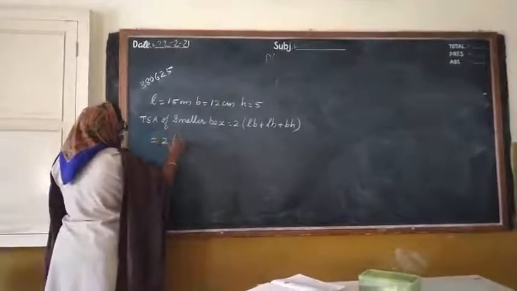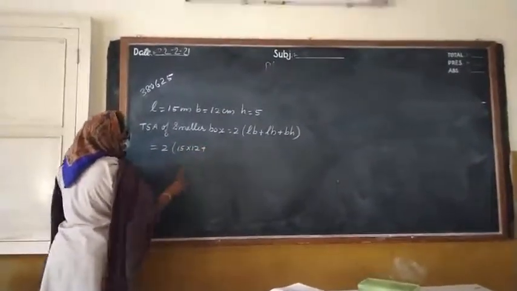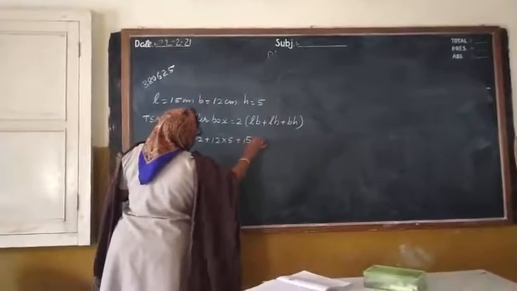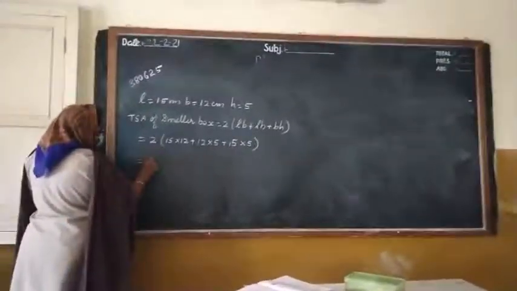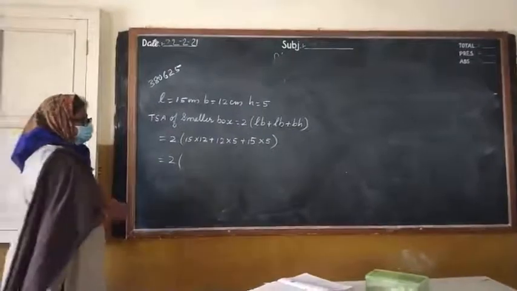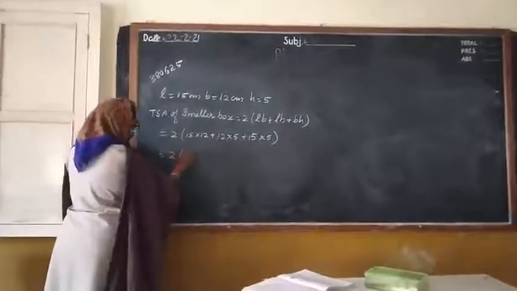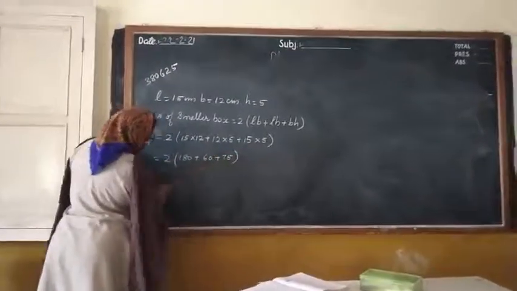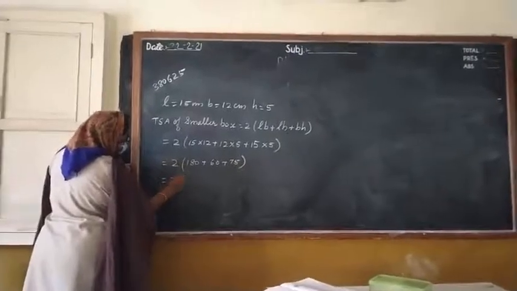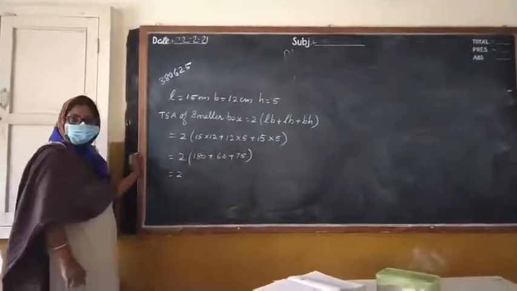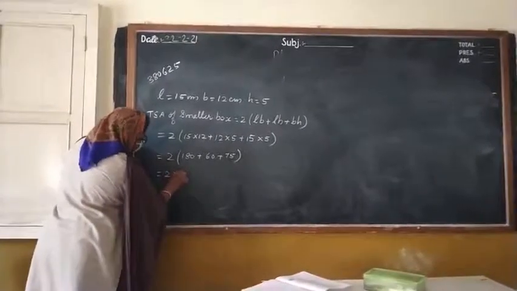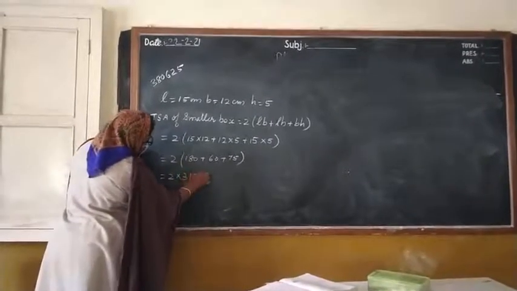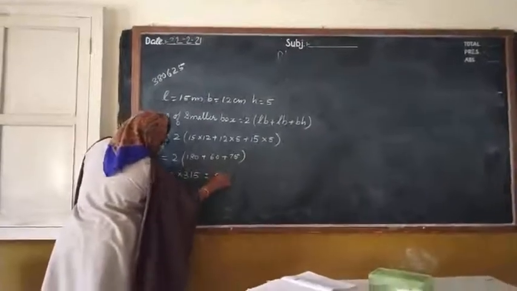That is 2 times 15 into 12, 12 into 5, 15 into 5. 180, 75, 60. Addition: 315. 2 times 315 is 630.